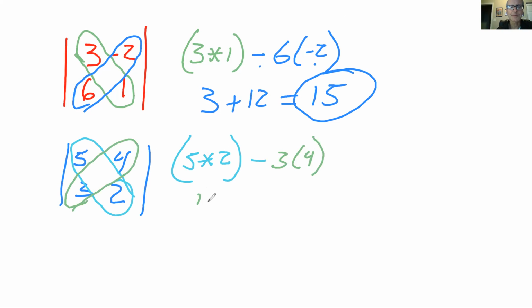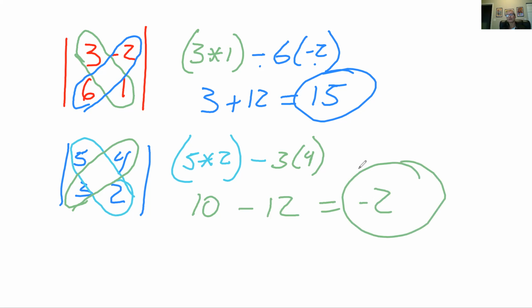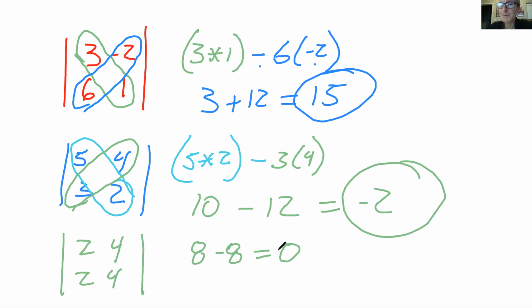So you would get 10 minus 12, and in this case it would be minus 2. You can get any number with regard to this, and you could even get 0 if it's set up such that you have, say, 2 and 4 and 2 and 4. Then you would see that would be 8 minus 8, and you would get a determinant of 0. So 0 is a fine number for a determinant.